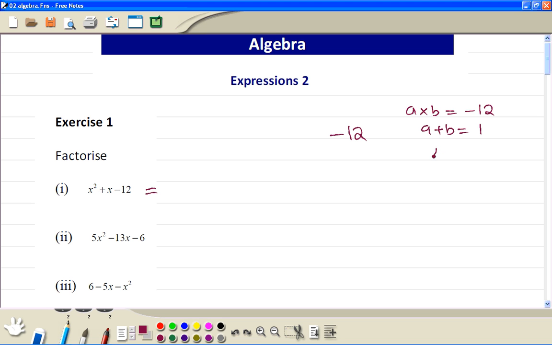So we can have 4 times minus 3. So these are the two factors that add up to 1. So the solution is x plus 4 in one bracket times x minus 3.